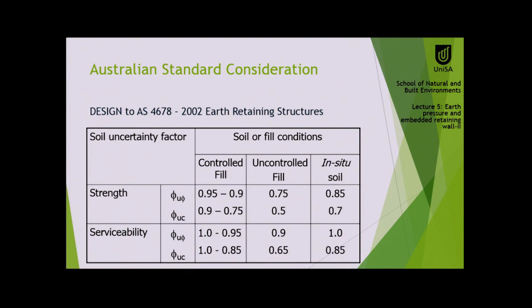So if we have controlled fill, the reduction factor is very close to 1. But if it is uncontrolled fill, the reduction factor for phi and c is quite small. If it is in situ condition, we don't know, it would be around this range. For serviceability, again the same way. These are the controlled situation, the uncontrolled situation, which means the worst possible condition, and this would be the in situ condition. Those are the factors we need to consider.